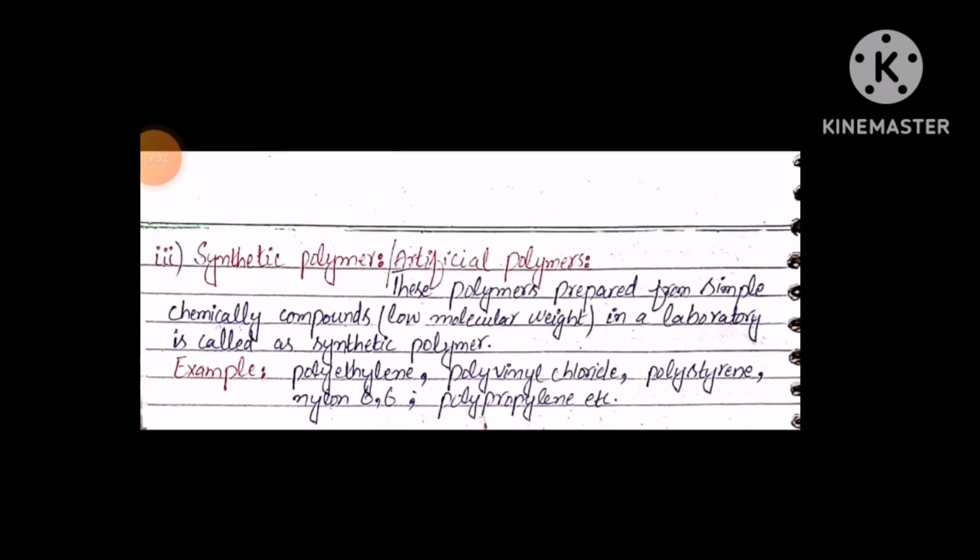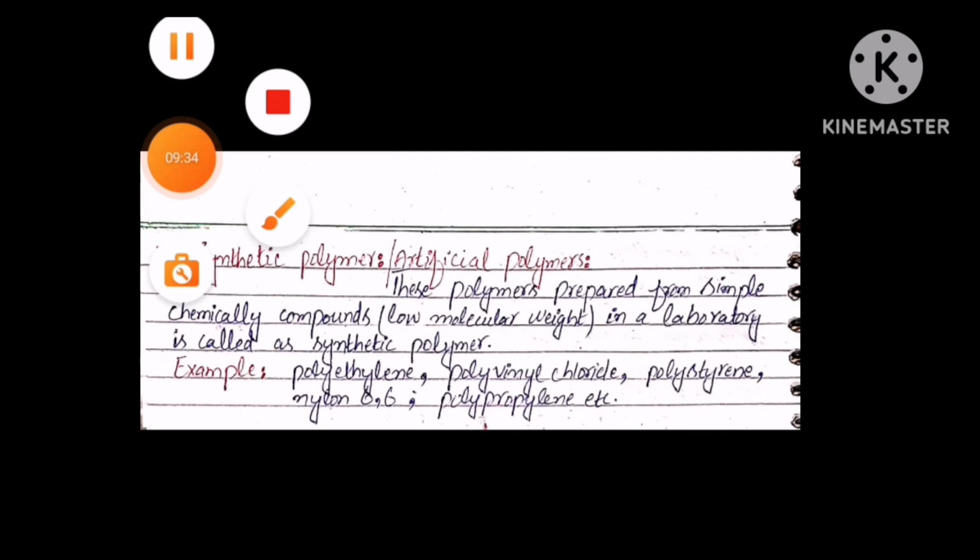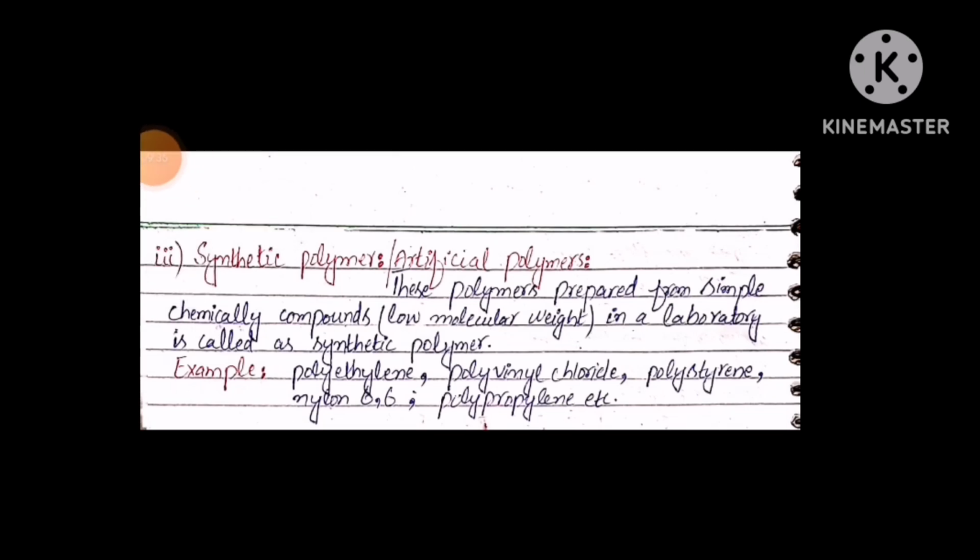The third one is synthetic polymers. We also call them artificial polymers. We can synthesize them in a laboratory.